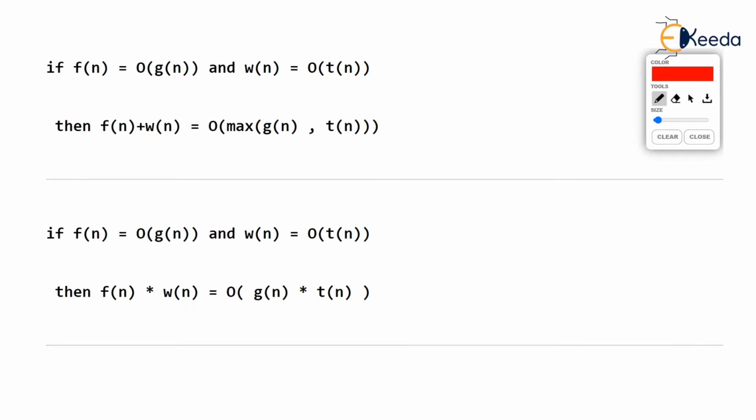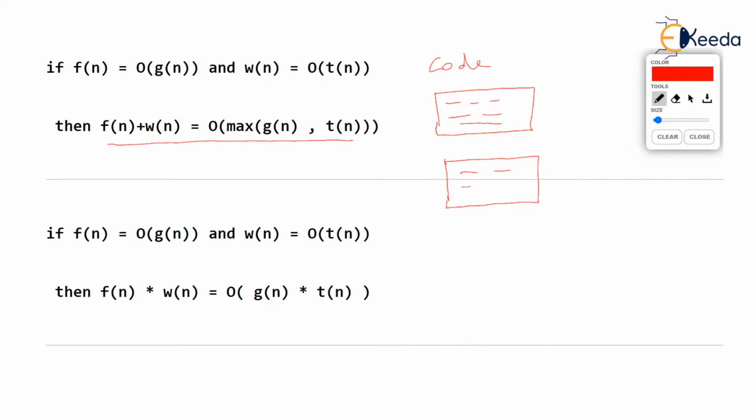One more property of asymptotic notation. Now, before I discuss this property or theorem, let's imagine that we are given some code. I'm not writing the code, but just imagine we have some code written here, and in the same program we have some code to follow. Some code written above and some code after that.